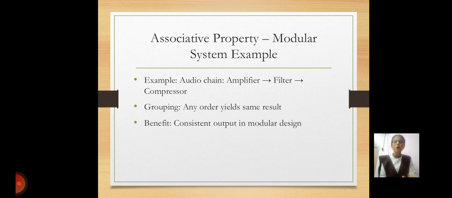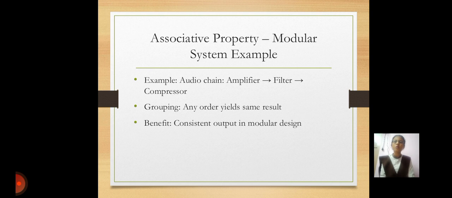An example is an audio chain. Suppose we have an amplifier, a filter and a compressor. We can group the amplifier and filter together, analyze the combined effect, and then apply it to the compressor. Or we can filter and compress, and later amplify.